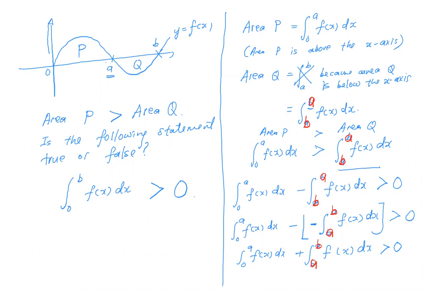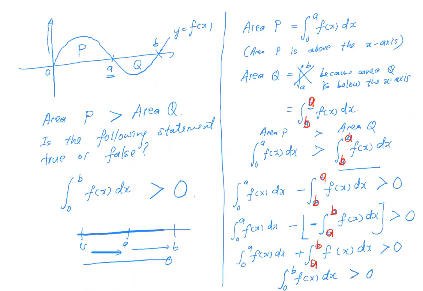So I integrate from 0 to A, then A to B, correct? Still remember, you can combine it. You see, from here, you integrate from 0 to A, then followed by A to B. So I can straight away integrate from 0 to B. So is this statement true?